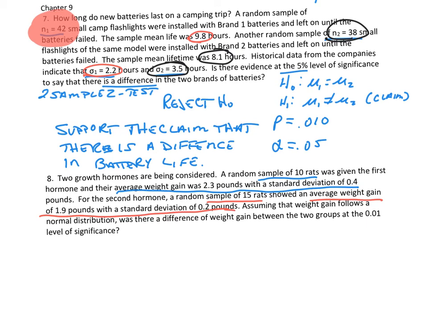If I have 2 small sample sizes, I need to see something about the population having a normal distribution. The question is, was there a difference in the weight gain? So, my hypotheses. Same.